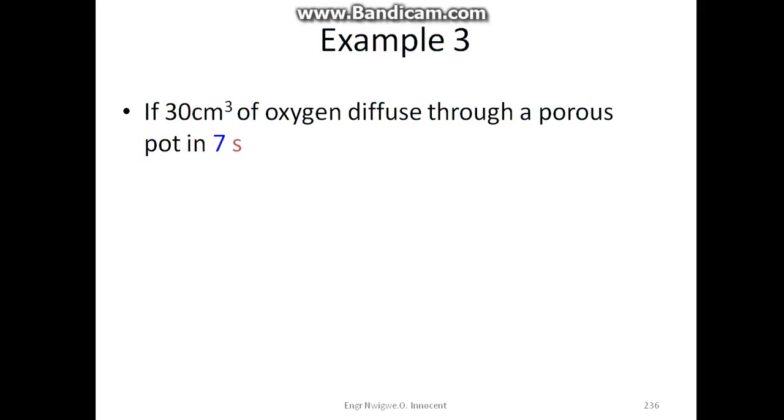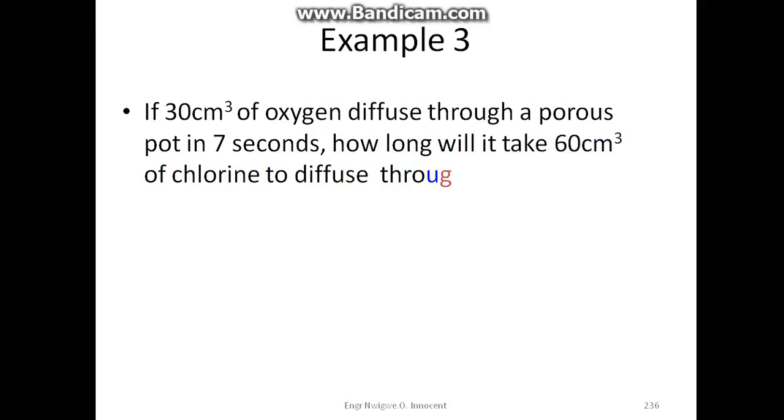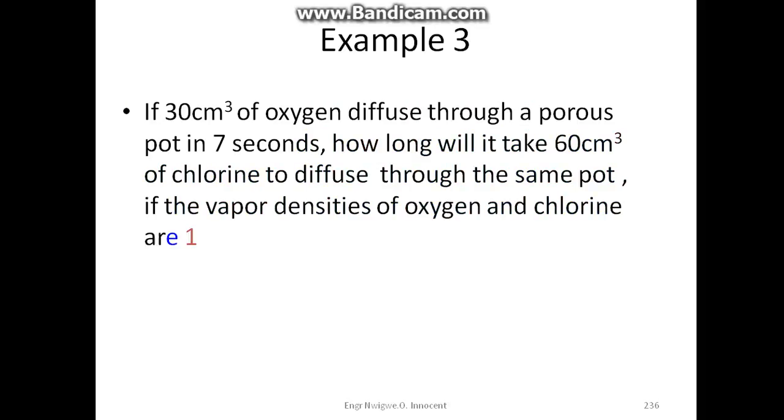Example 3. If 30 cm³ of oxygen diffuses through a porous pot in 7 seconds, how long will it take 60 cm³ of chlorine to diffuse through the same pot if the vapor densities of oxygen and chlorine are 16 and 36 respectively?